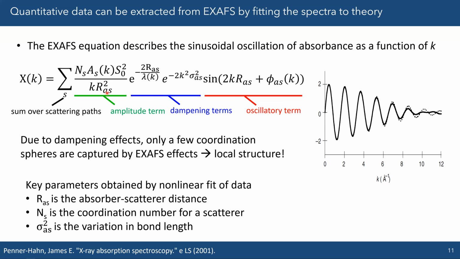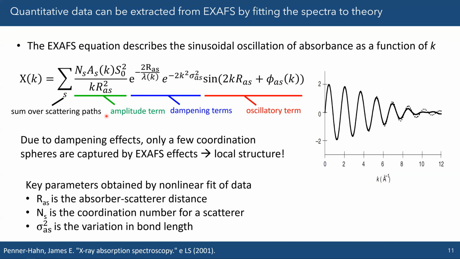And if you're talking about your nearest neighbor, R_AS would just be the bond length. It's also directly correlated with your coordination number, which makes sense because the more coordination you have around your absorbing atom, the more scattering you'll have, so the larger the amplitude you'll have.